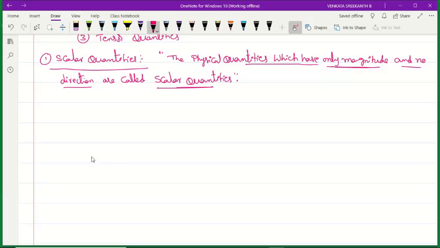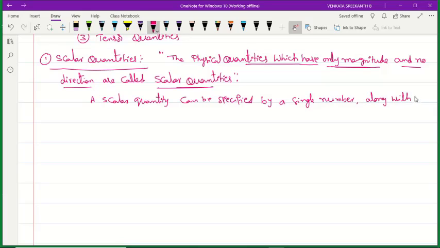See here, a scalar quantity can be specified by a single number along with the proper unit.